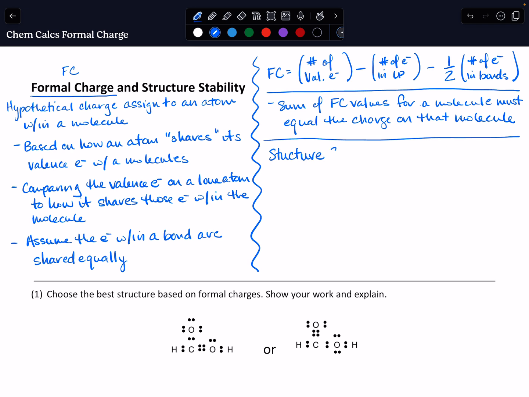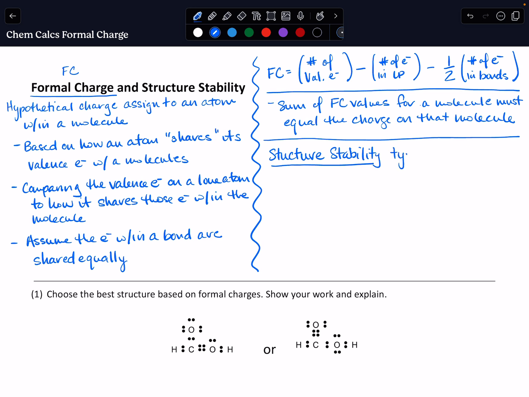We can use this to look at structure stability. Typically, you want zeros for your formal charges because that means they've used their valence electrons in the most effective way possible.